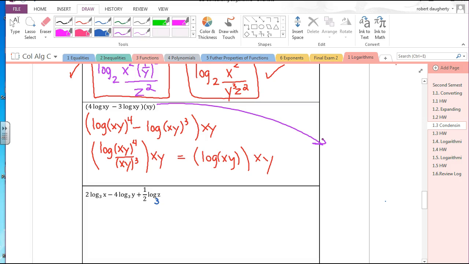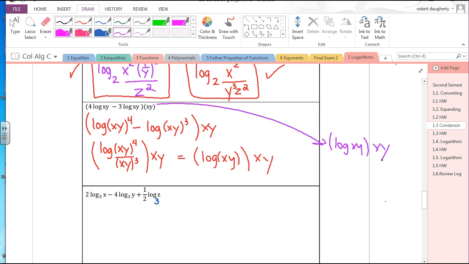This is 4 apples minus 3 apples. What is 4 apples minus 3 apples? 1 apple. So 4 log xy minus 3 log xy's is how many log xy's? Log xy. So it's 1. So it's just log xy times xy.